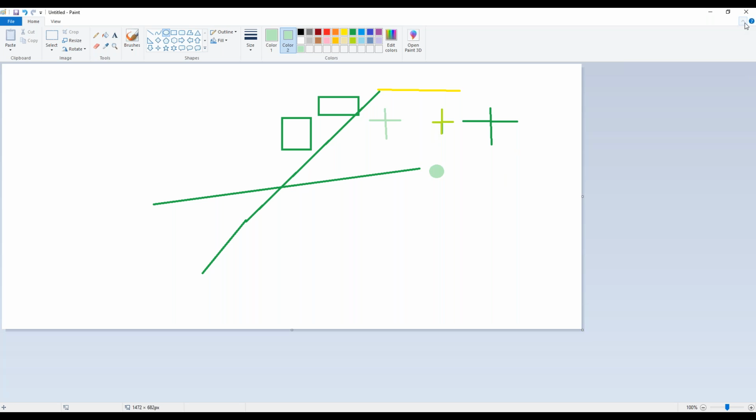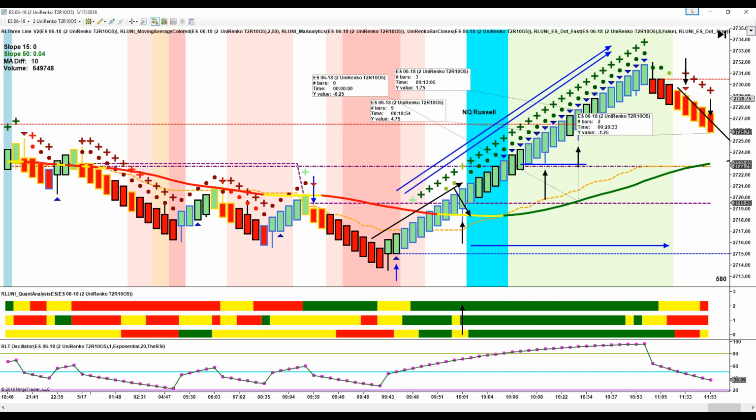So that's why the dots are so powerful on the E-mini. And when you trade with the dots, you really, really have a lot of power with you.